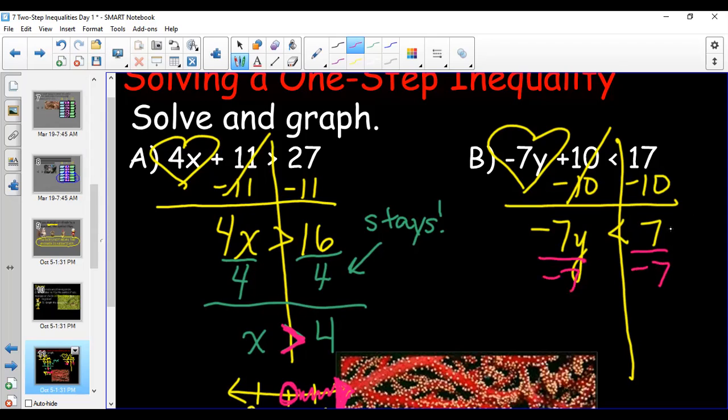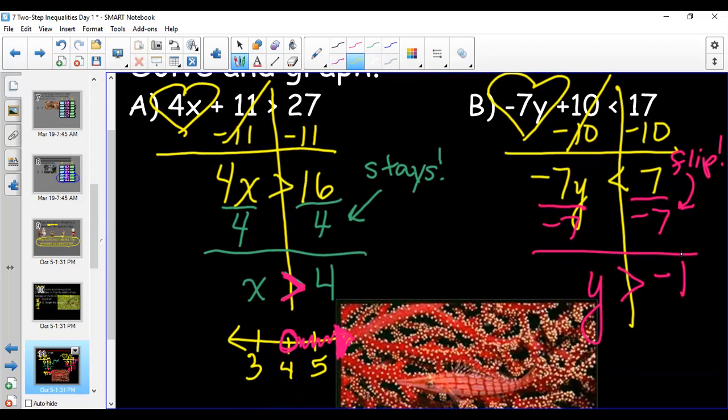Notice I divided both sides by that same number, negative 7. This is when our inequality symbol needs to flip because of what I just wrote there, dividing both sides by negative 7. So we'll get y on the left. We will flip the symbol to make it a greater than, and then our answer is going to be y is greater than -1.